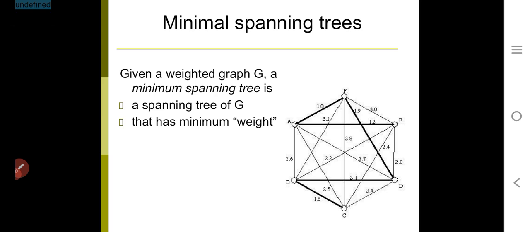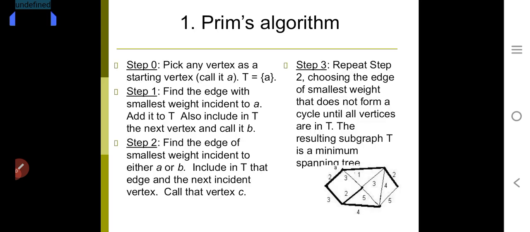So now we see the steps to find the spanning tree in Prim's algorithm. First, we make a graph G. Then, how to find the minimal spanning tree?